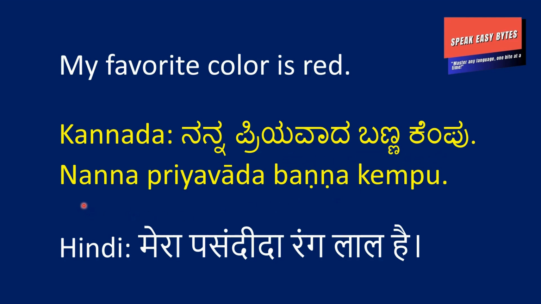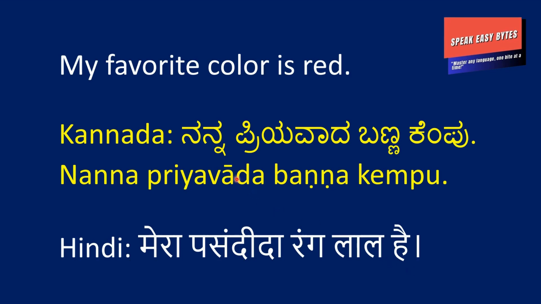There are two dots at the bottom of N. That means the sound is na. I'll repeat this again. Nanna priyavada banna kempu. In Hindi, the same sentence is Mera pasandida rang lal hai.